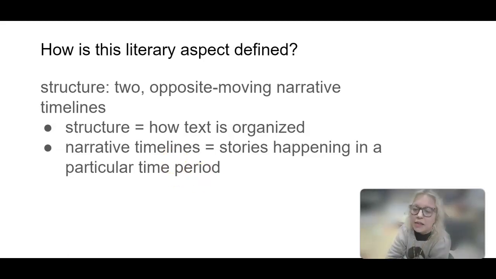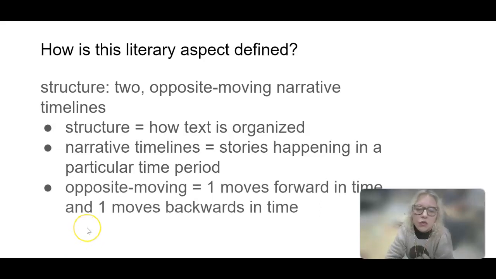What do I mean by that? Well, the opposite moving aspect means that one timeline is moving forward. It's going from the past, moving forward in time. So the earlier things chronologically happen first, and the later things chronologically happen or are described as happening later.